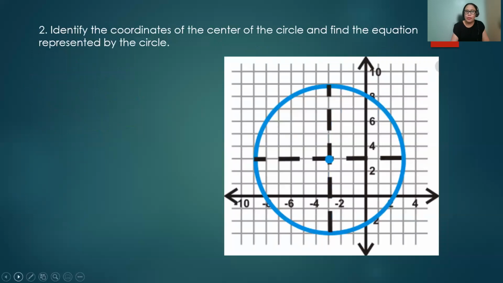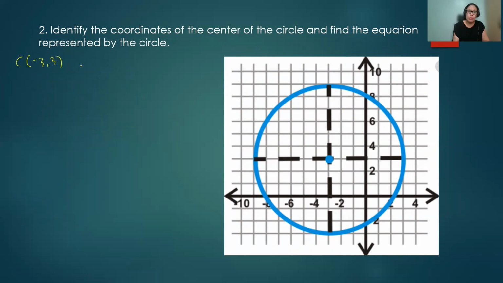This time we're asked to identify the coordinates of the center of the circle and find the equation represented by the circle. By inspection, class, this is the center of the circle with coordinates at (-3, 3). So take note that the center is located at (-3, 3).